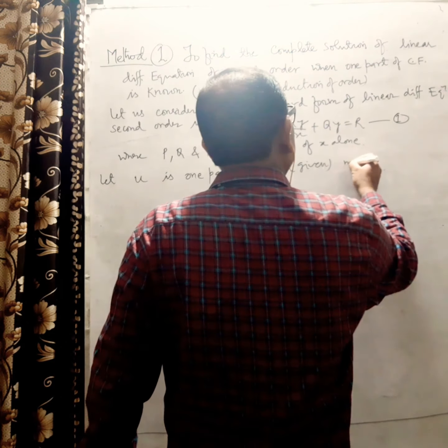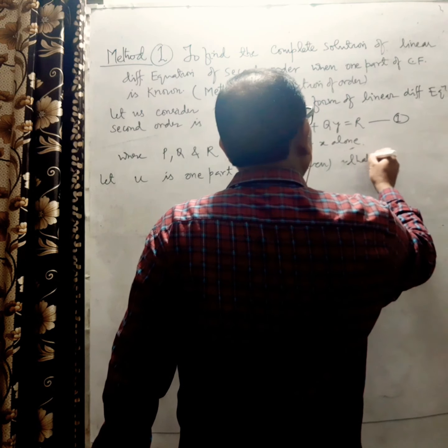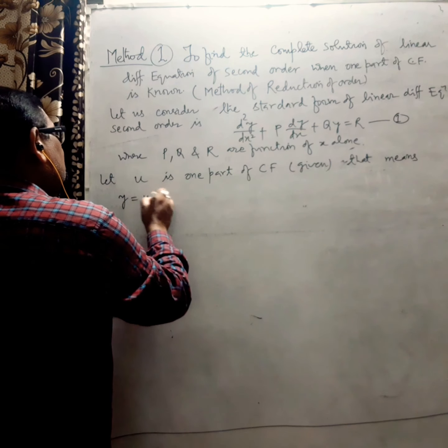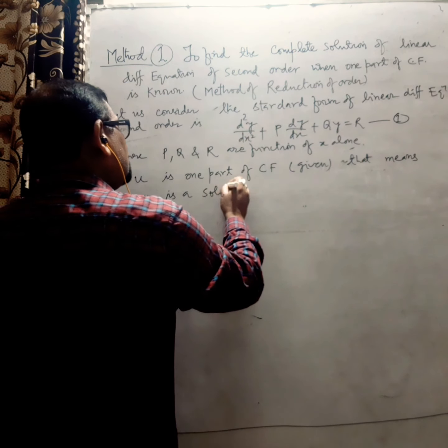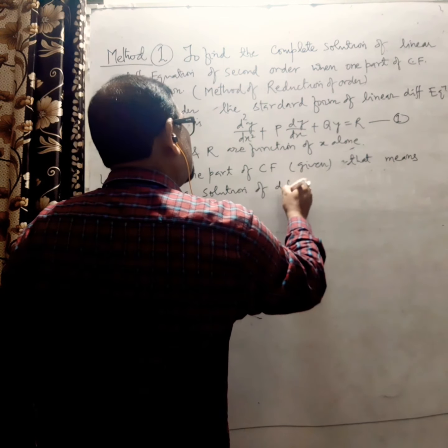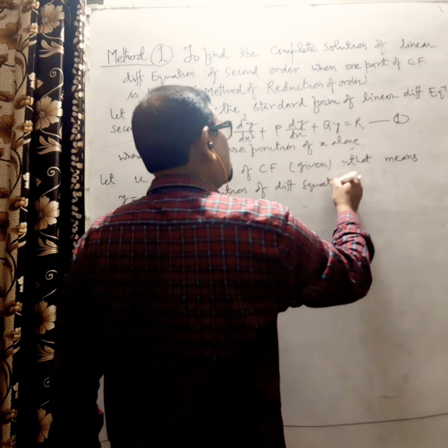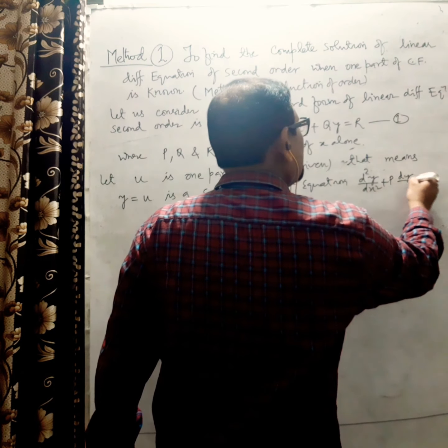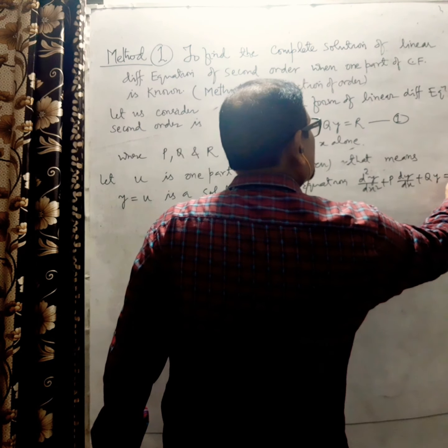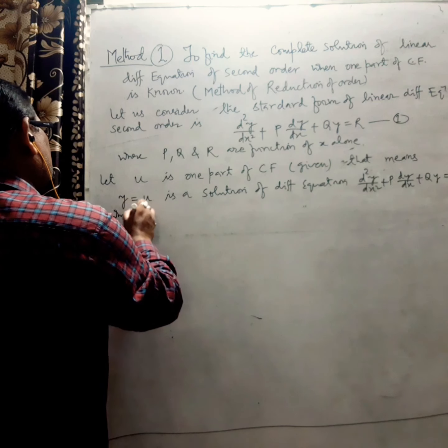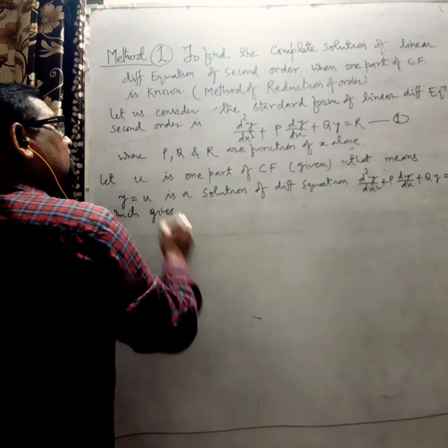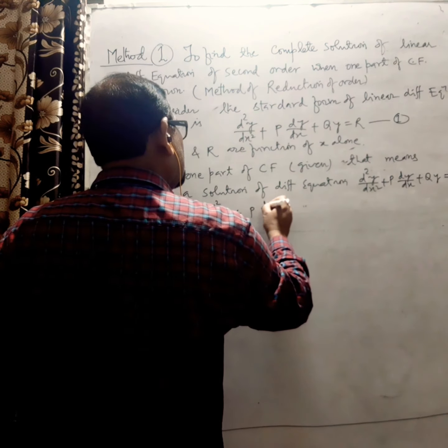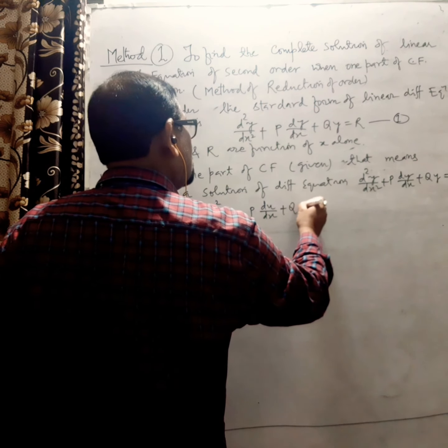That means y is equal to u is a solution of the differential equation d2y upon dx square plus p dy upon dx plus qy is equal to 0, which gives d2u upon dx square plus p du upon dx plus qu is equal to 0.